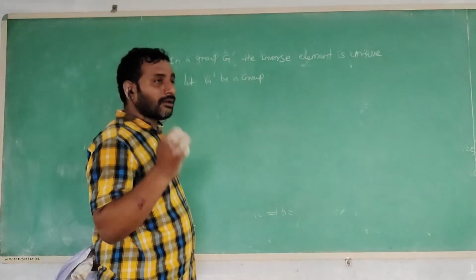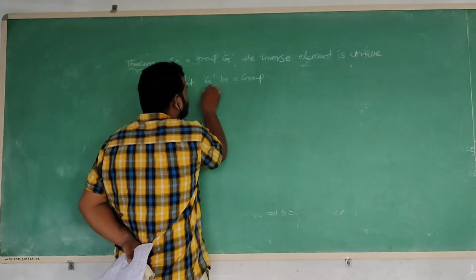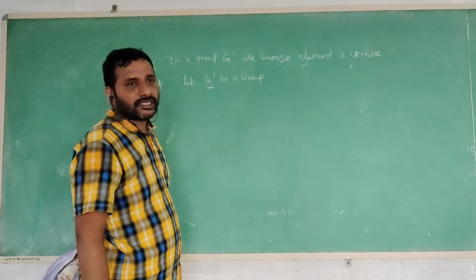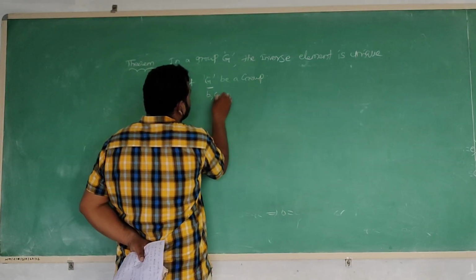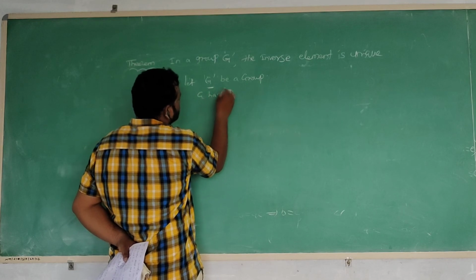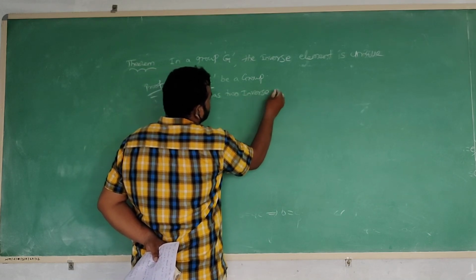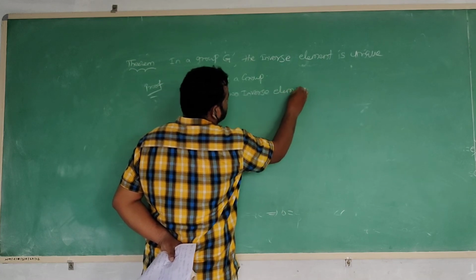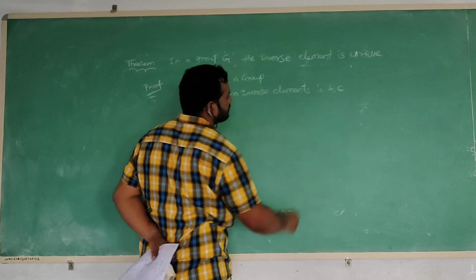Let us suppose G has two inverse elements, that is B and C.